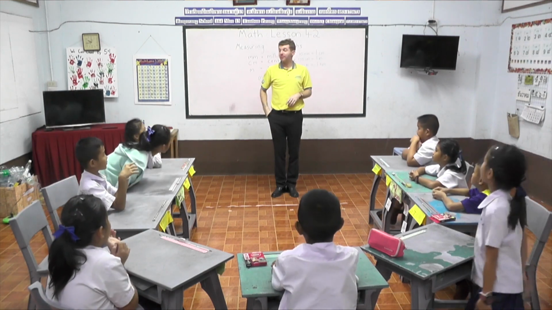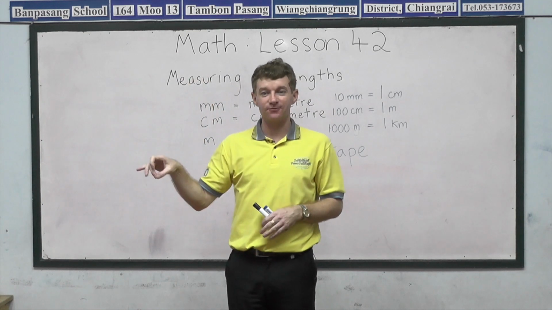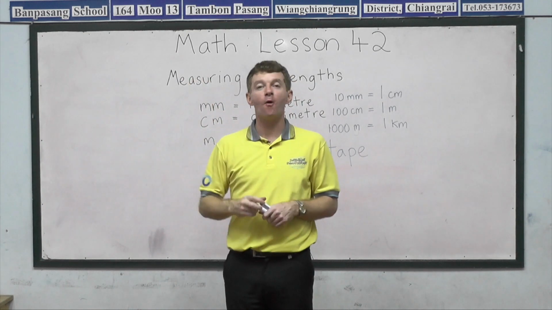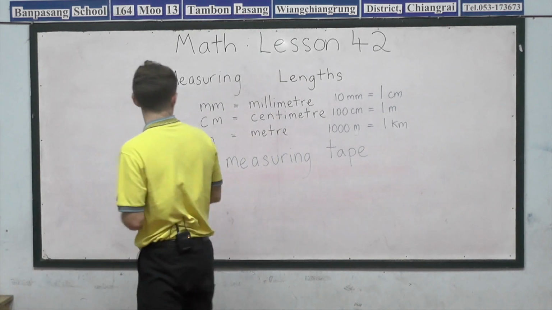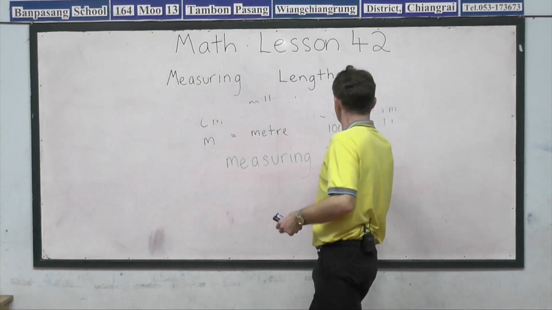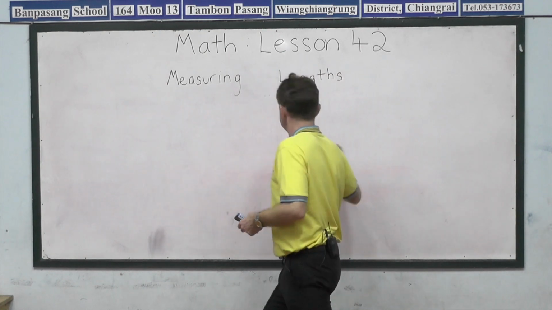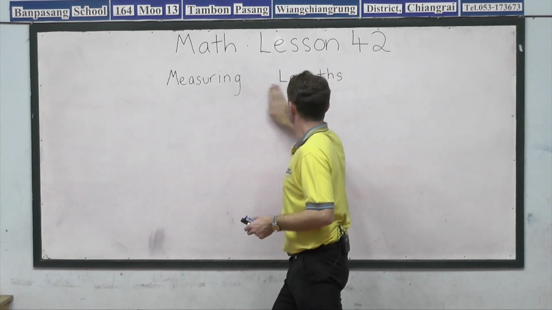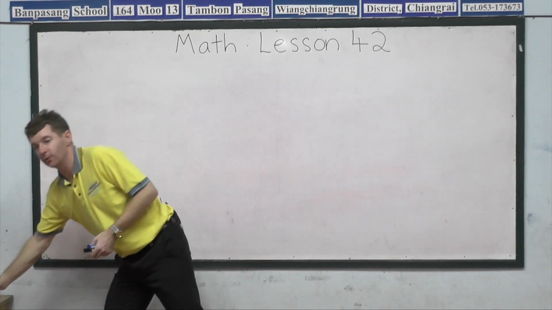So now, what we will do, we will have an activity in the classroom to see how far all of my students can jump. So first of all, what we need to do is we must write the names. So let me see, who do we have first?